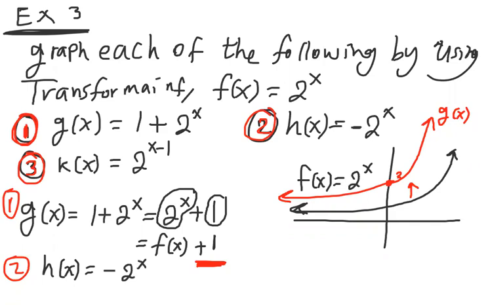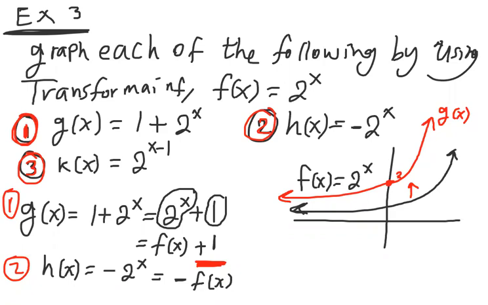This is equal to minus f of x. Why? Because f of x is equal to 2 to the x. So it would be minus f of x. So we reflect it around the x-axis. We reflect the function f of x around the x-axis, so we get the function h of x.